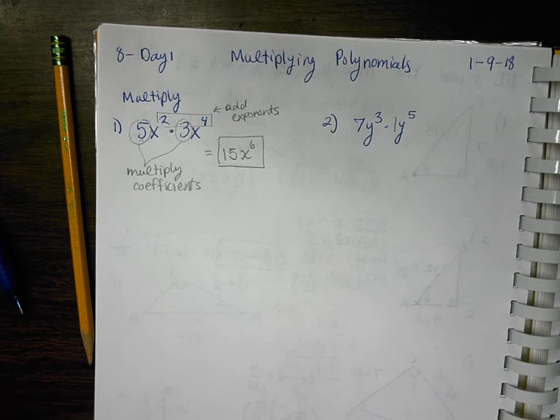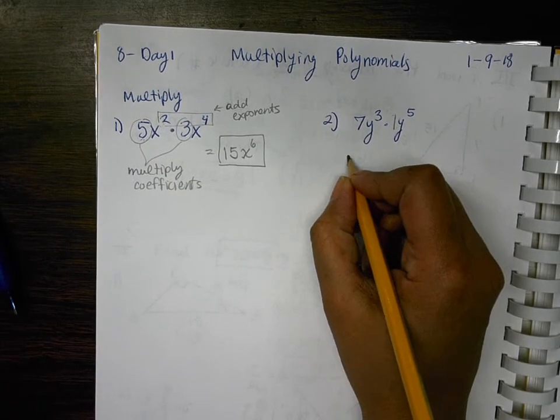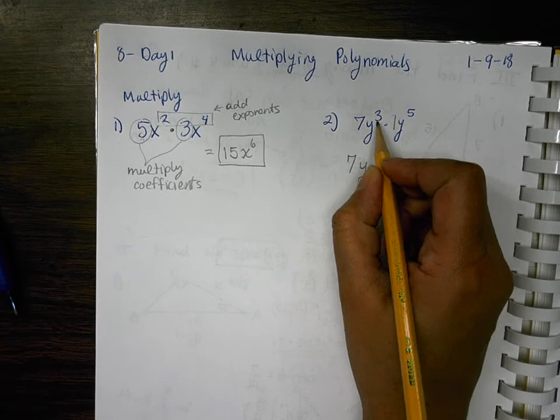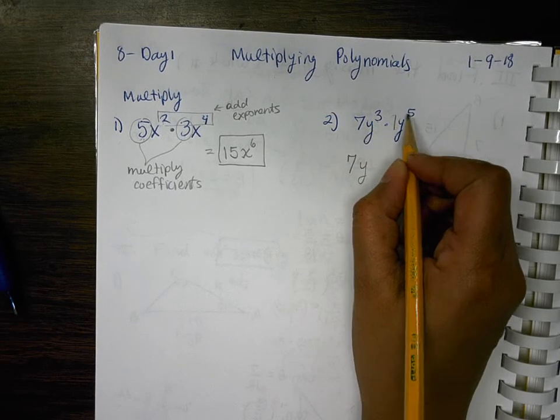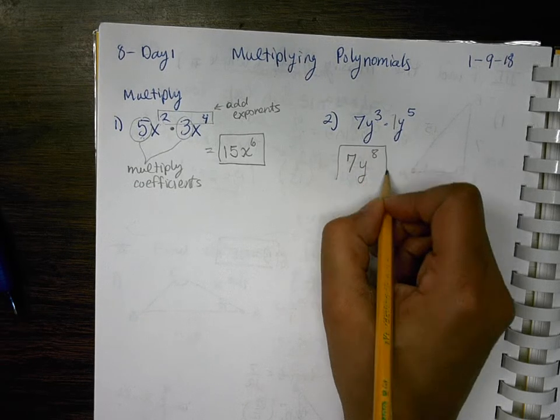All right, what's 7 times 1? 7. And then y stays the same, the base stays the same, and 3 times 5 or 3 plus 5? And that becomes 8.